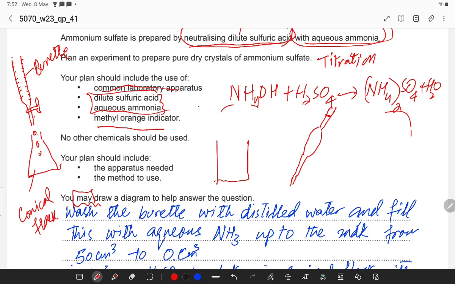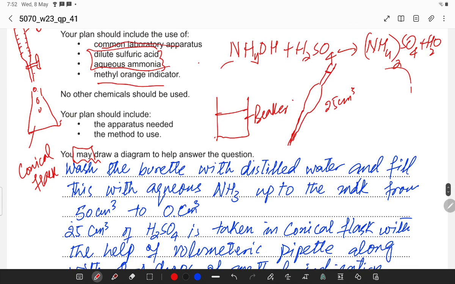and mark over here 25 centimeter cube pipette, and this is beaker in which any solution, like if ammonia aqueous over here or HCl.